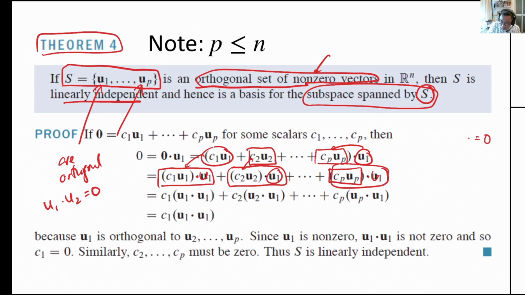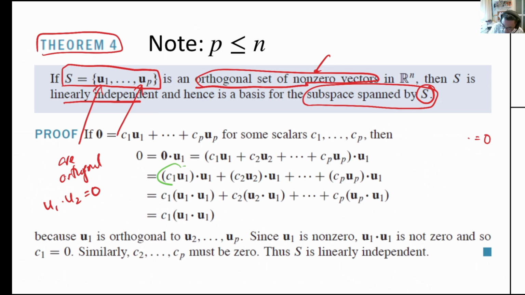Remember that u2 dot u1 is 0. up dot u1 is also 0. In fact, all the other u's that are not u1 dotting with u1 will give you 0, leaving us only the first term here.